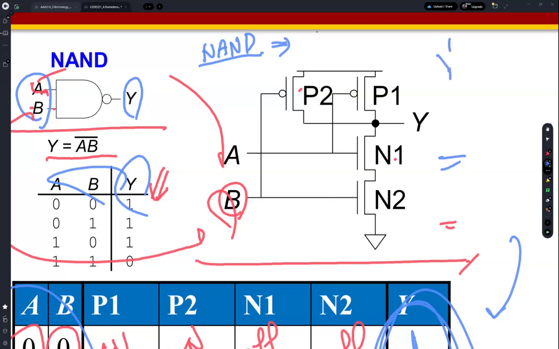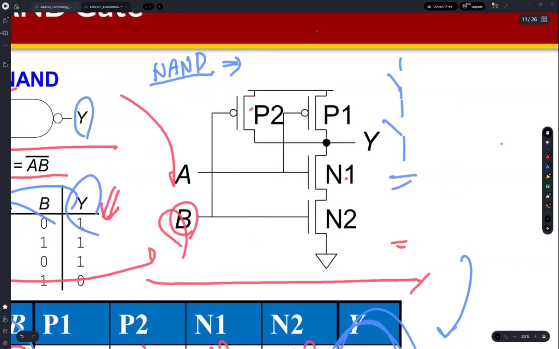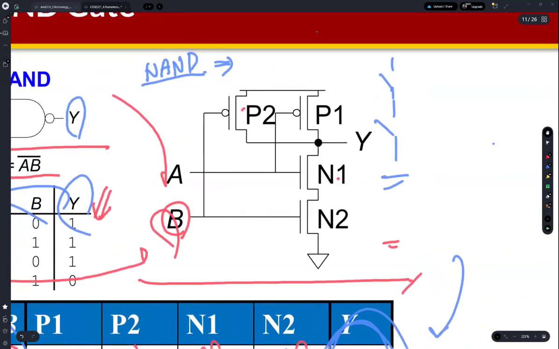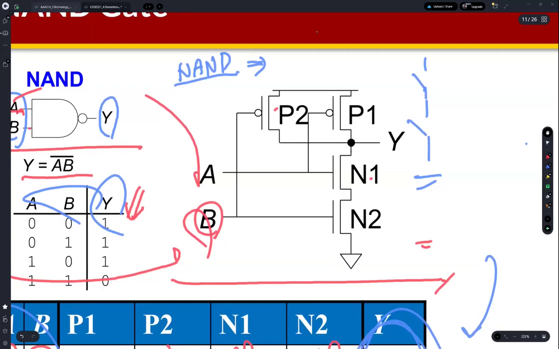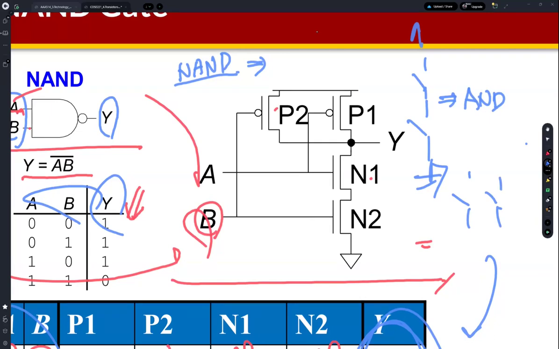If switches are connected serially, then this is actually AND, right? Because if switches are serially connected, if one of the switches is turned off, then A and B are disconnected. And if switches are connected in parallel, then this is actually the meaning of OR, right?